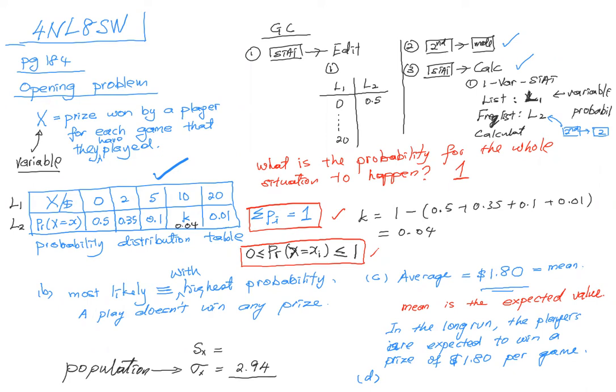How should the store owner set the fair price for playing the game? When you say something fair, you are talking about a win-win situation. No win, no loss. $1.8. Yes.